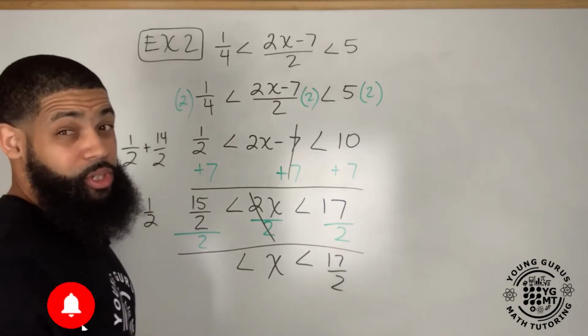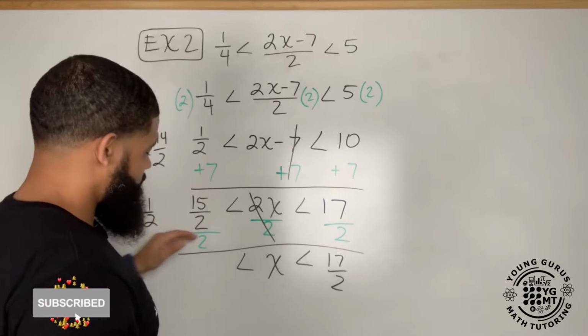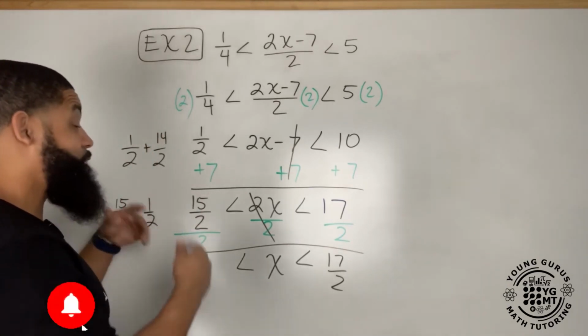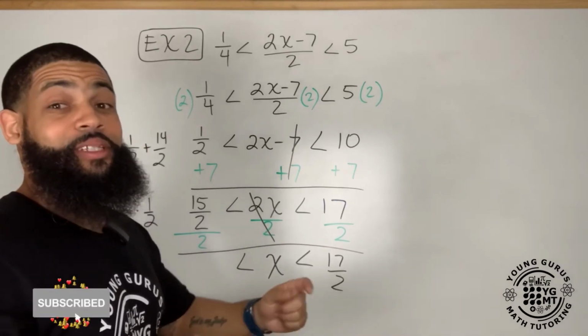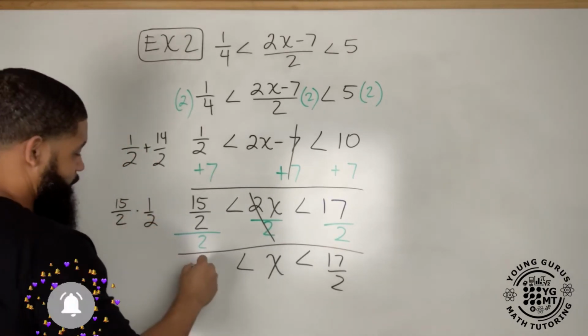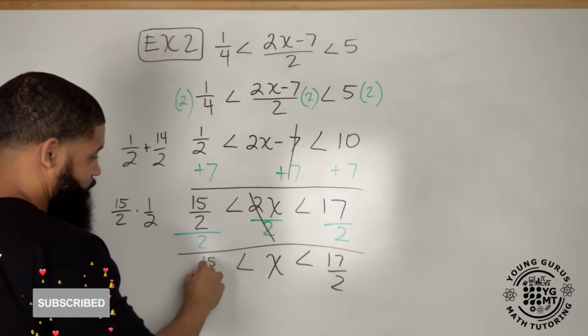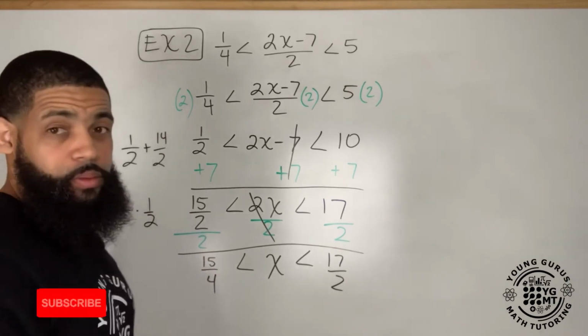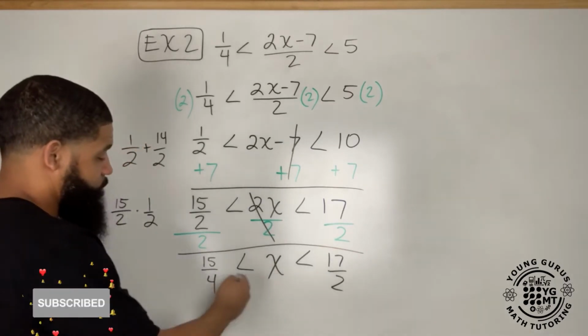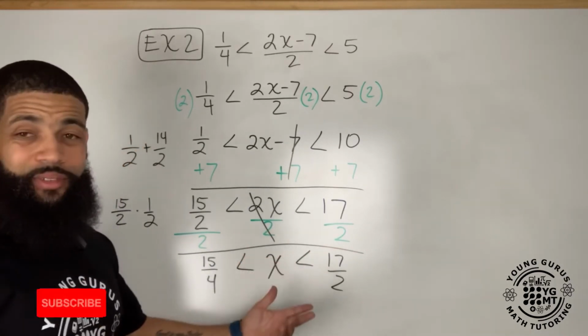Because remember, you keep the first fraction, change division to multiplication, and then take the reciprocal of this 2. So that ends up being 15 times 1/2, which is 15 over 4. Okay, so your final answer actually is x is between 15 over 4 and 17 over 2.